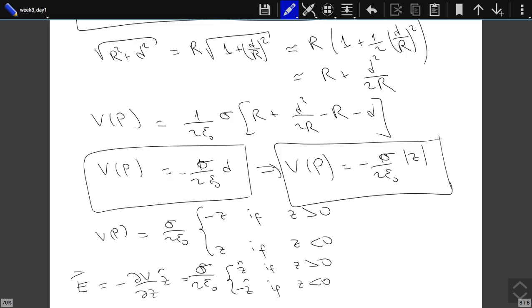You are approaching 0. You are looking at that point. Yes. If you are approaching the point z equal to 0 from below, the potential is 0. If you are approaching z equal to 0 from above, the potential is 0. So is it continuous at z equal to 0? The potential is continuous. You see, the electric field is discontinuous across this sheet, charge sheet, but the potential is continuous.